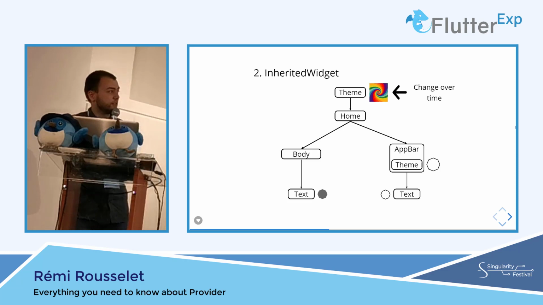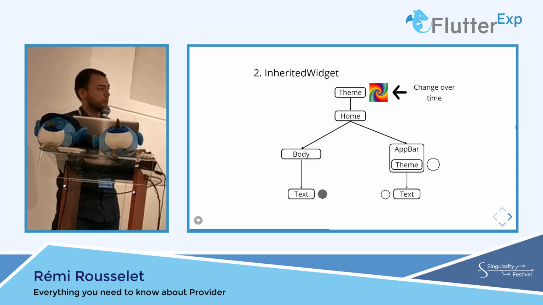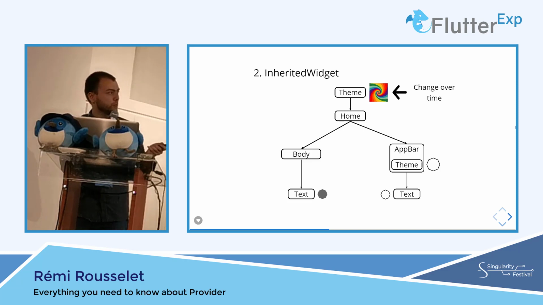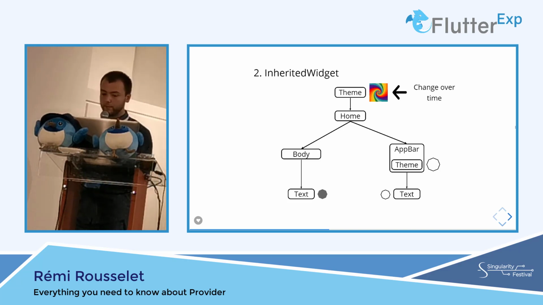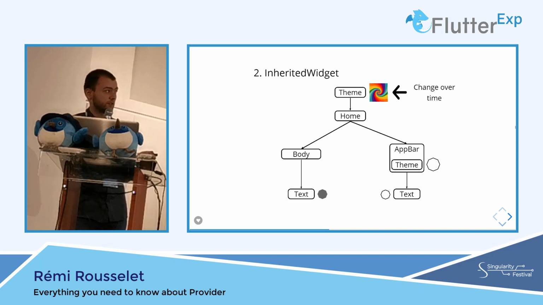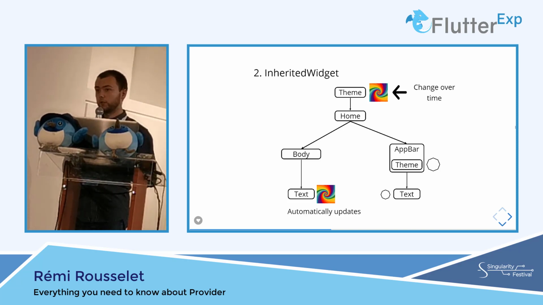Another benefit of this kind of architecture is that, for example, if we want to make our root theme animated, like it could change color over time, then suddenly all the widgets that use that theme will animate automatically too.